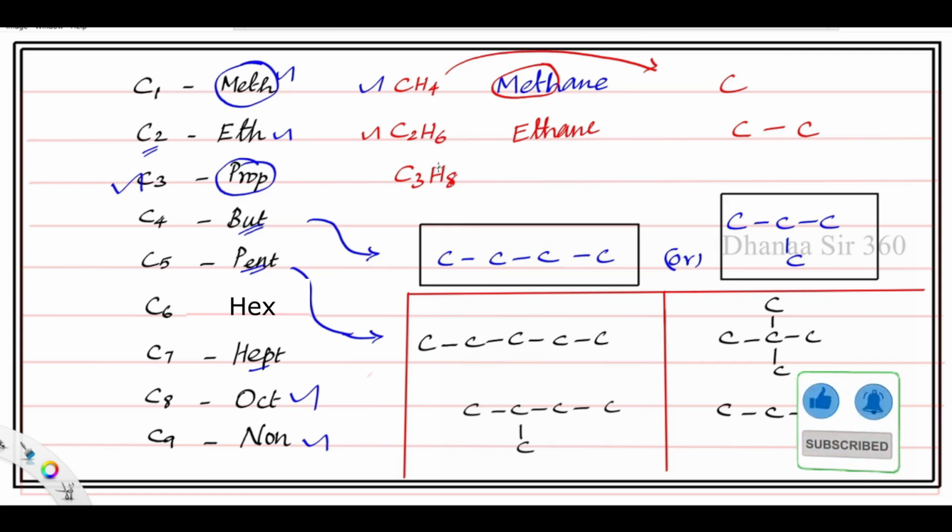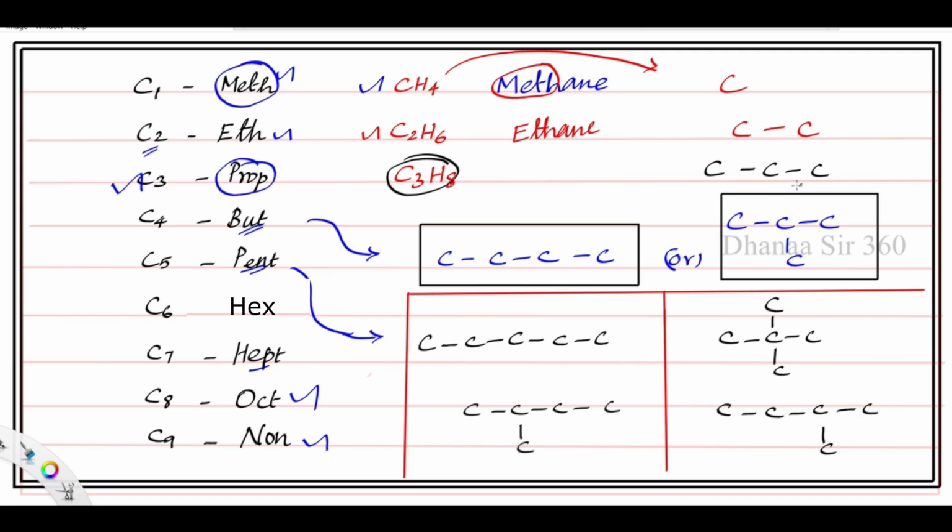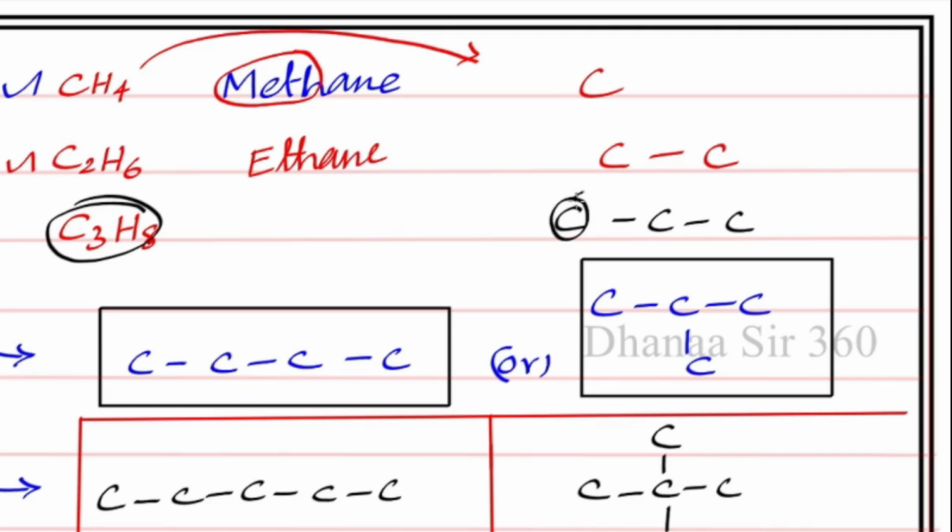Next we take another example, C3H8, which has 3 carbons, that is C single bond C single bond C. So there are 3 carbons in a continuous chain, that means the first carbon is directly connected to the second carbon, and the second carbon is also directly connected with the third carbon.